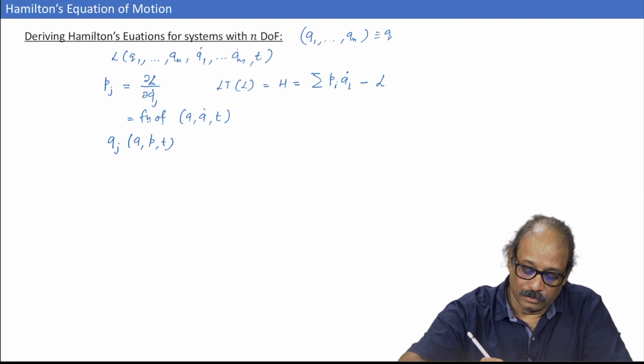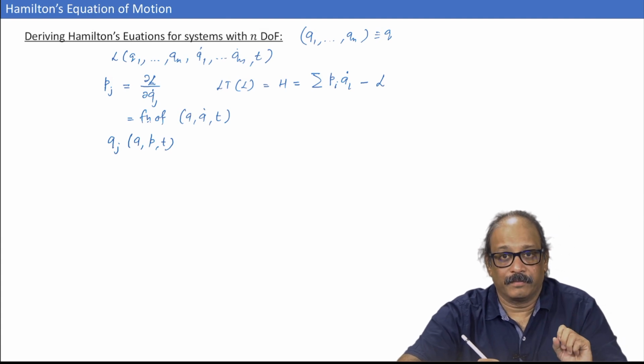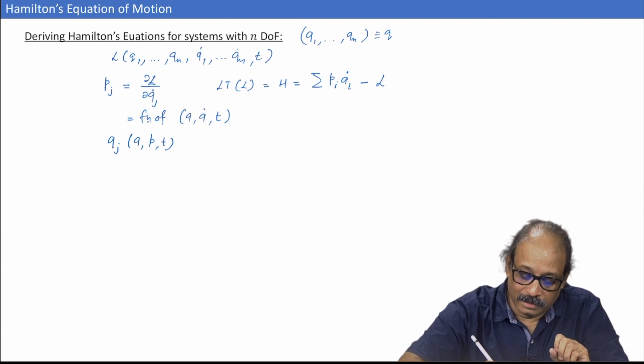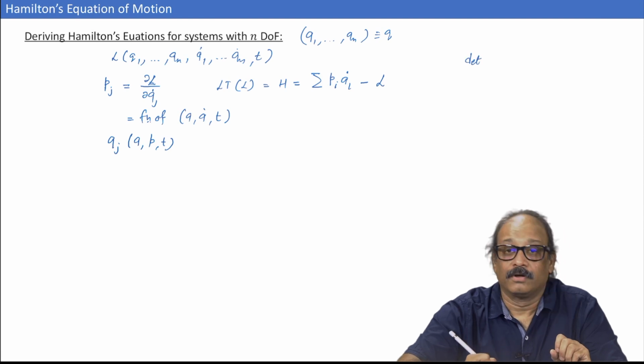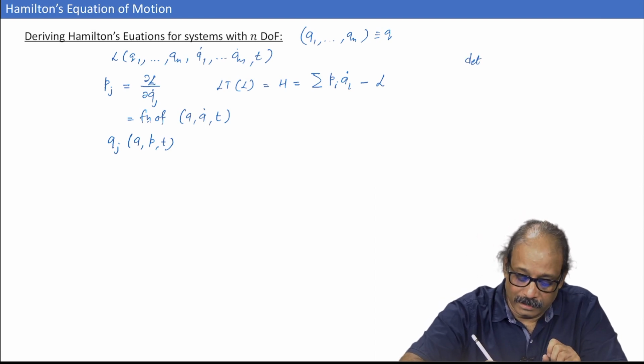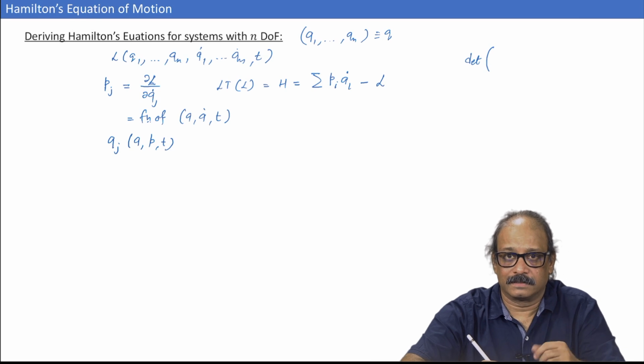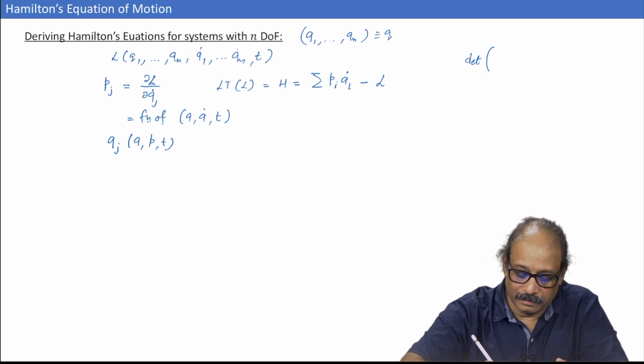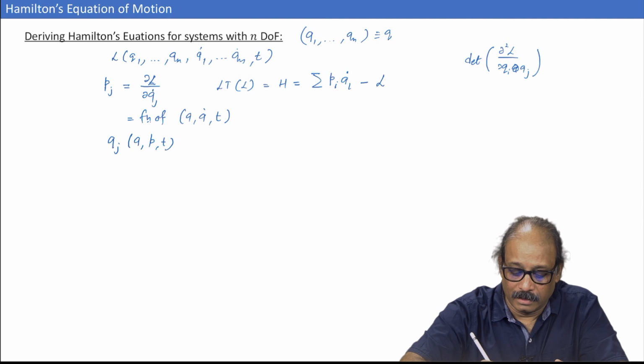Okay. So, what is the condition? Remember we had written there the determinant of the Hessian, and how would I define the Hessian? It is the matrix formed by the second partial derivatives of L with respect to qi dot and qj dot.